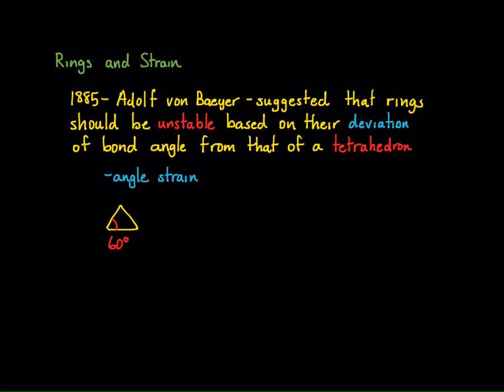But we have a problem because we know that sp3 carbons don't have a bond angle of 60 degrees. So what is going on in terms of the orbital picture? Well, if we take a look at the orientation of the orbital overlap, we can draw it. Each carbon has two sp3 hybridized orbitals that are bonding to another carbon.